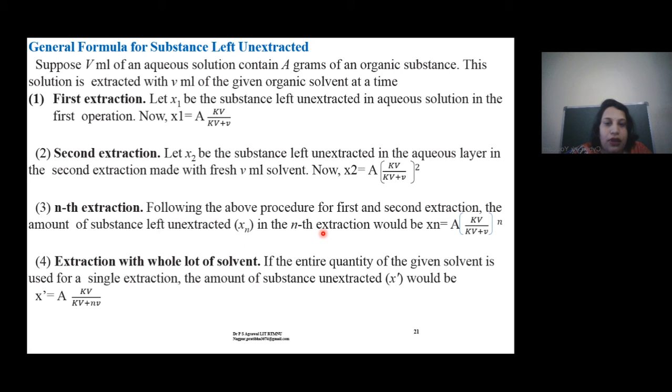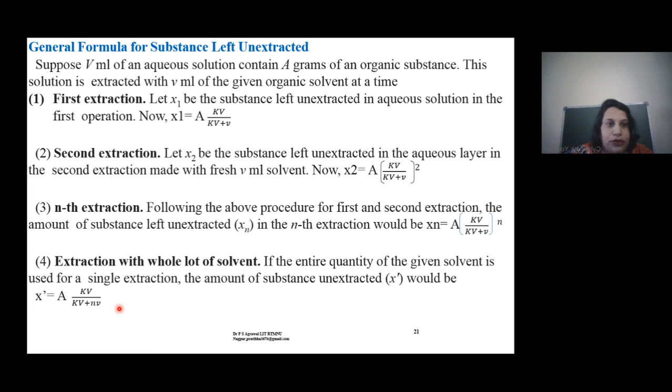Suppose instead of these processes, we take the extraction with the whole solvent in one step, with a lot of solvent. We will reach this formula. This is the multiple extraction. This is single extraction. The difference between these two is multiple and single extraction.